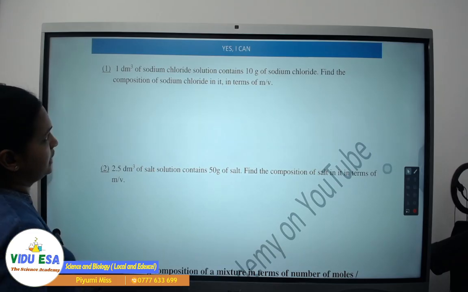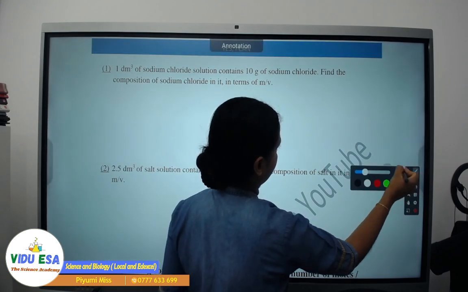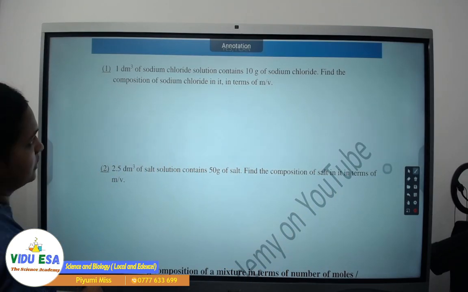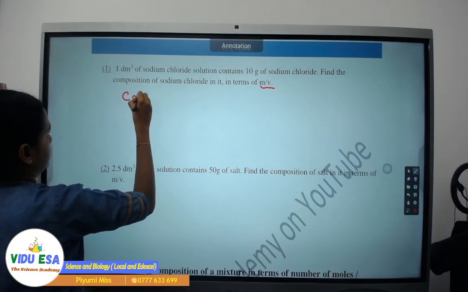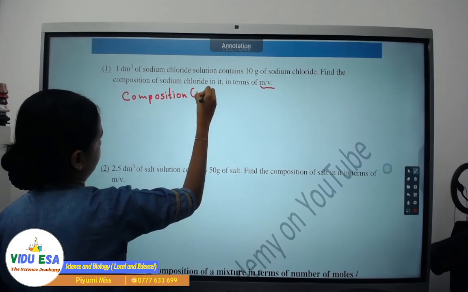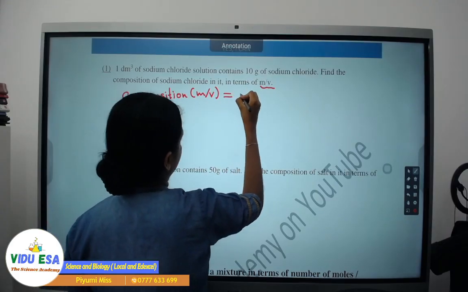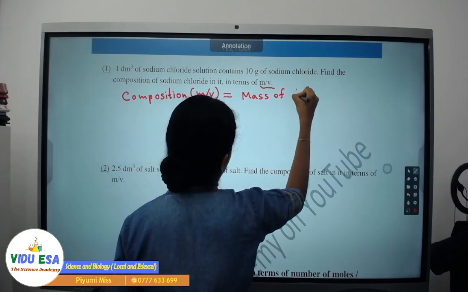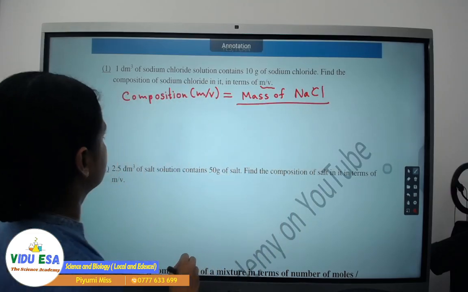1 cubic decimeter of sodium chloride solution contains 10 grams of sodium chloride. Find the composition of sodium chloride in it in terms of M over V. So we can write composition in M over V equals mass of sodium chloride divided by the volume of the solution.